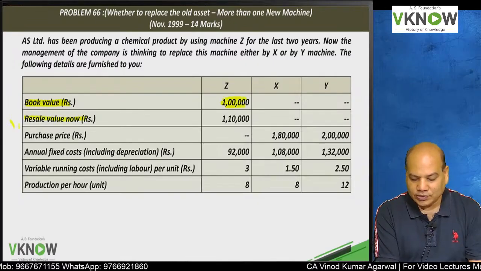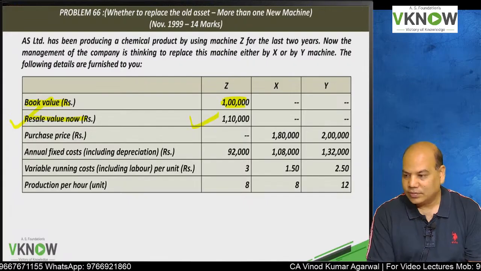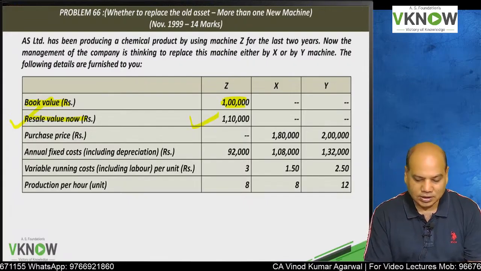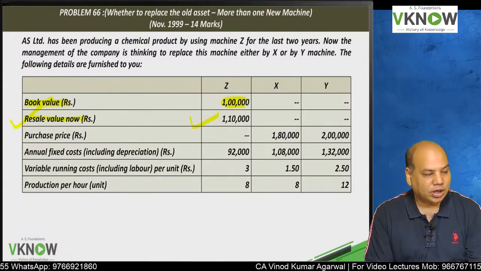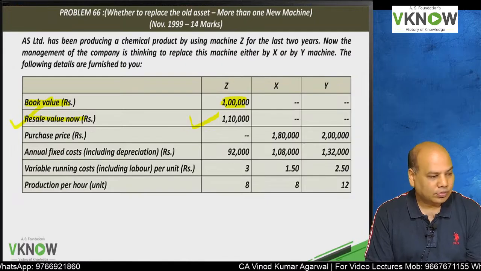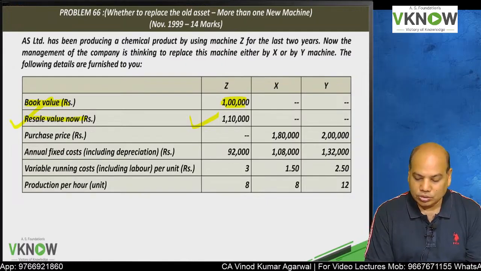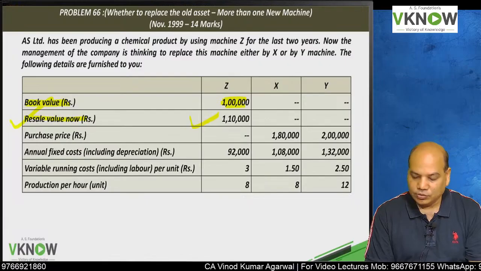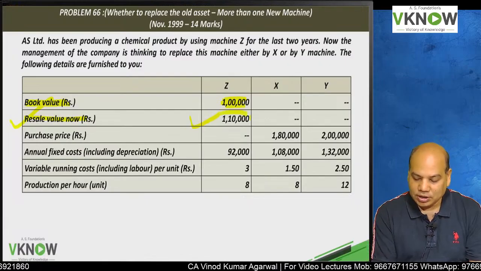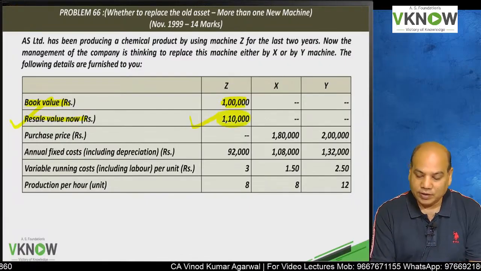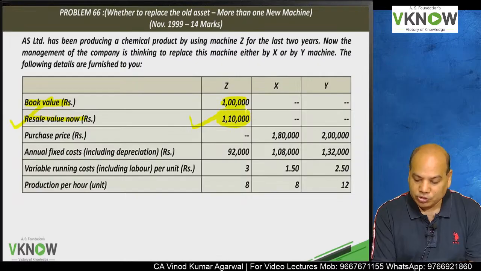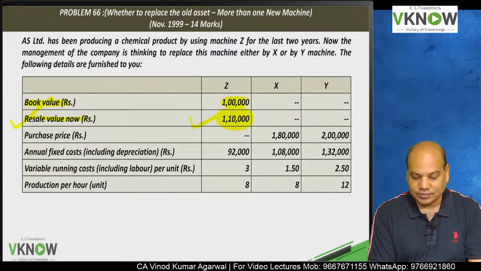Resale value today is relevant. If I sell it today, I'll get 1,10,000. So that becomes my opportunity value of this old asset. Because if I am going to replace it, I'll get 1,10,000. If I continue it, the opportunity value is 1,10,000.